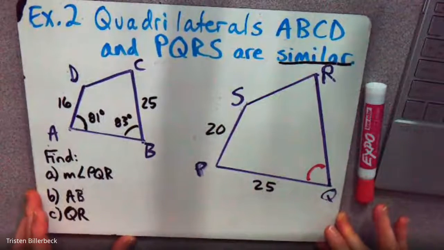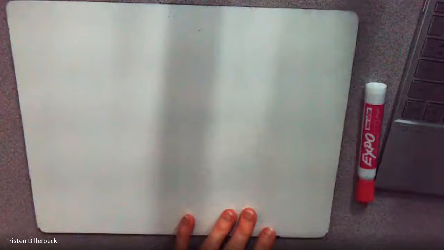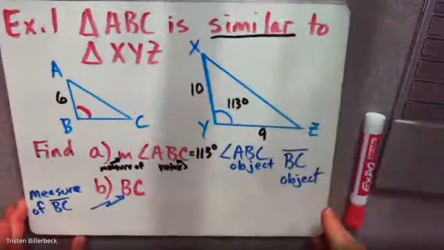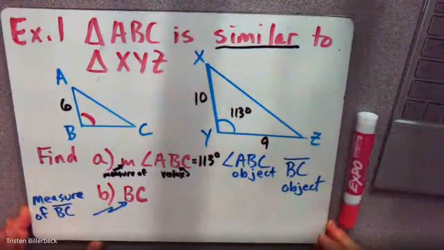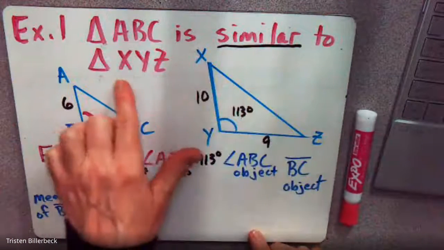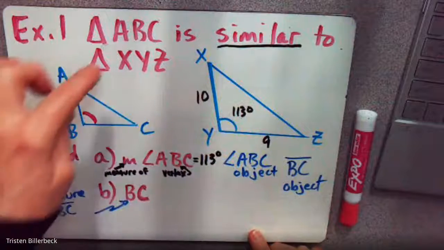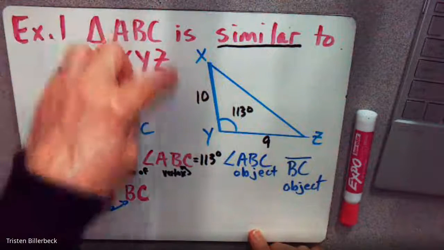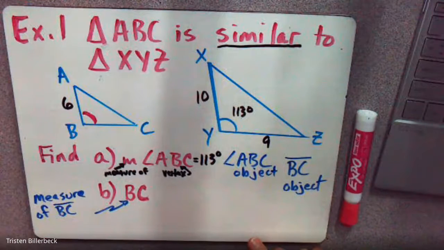Now, when we look at, oops, this is example 2, excuse me. When we look at example 1, we have triangle ABC is similar to triangle XYZ. So the order of the letters in the triangle are significant.